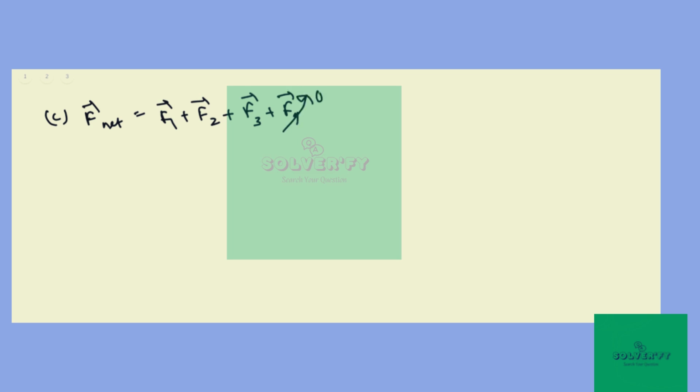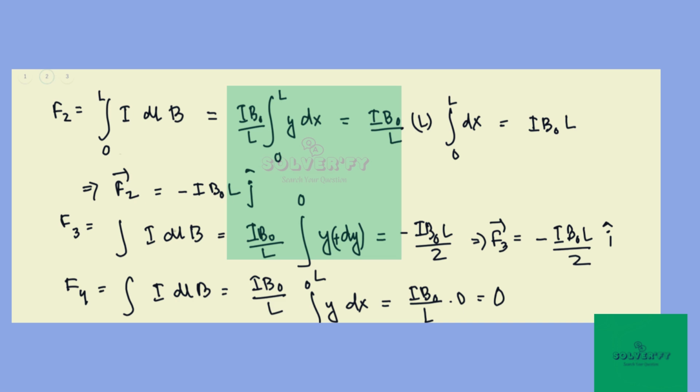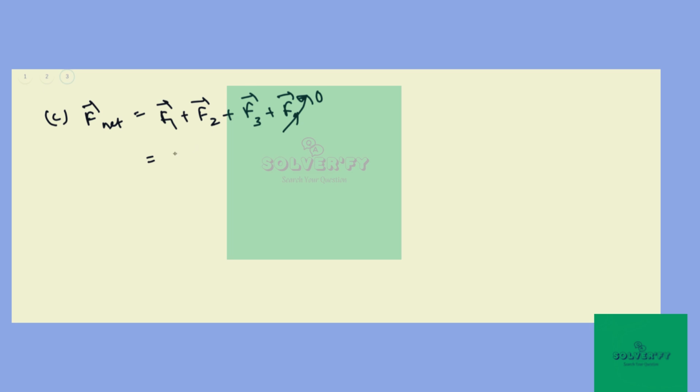F4 is basically 0 as we calculated, and F1 and F3 have the same magnitude, but they are opposite in direction. So they add up to 0, and we are just left with F2, which is negative of I times B naught times L j cap. So this is the net force.